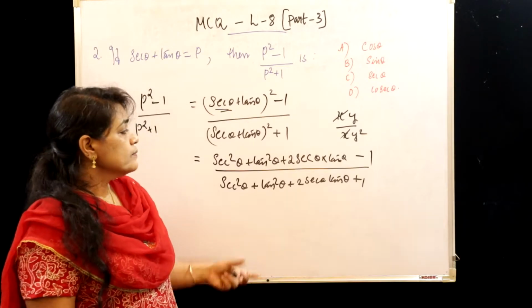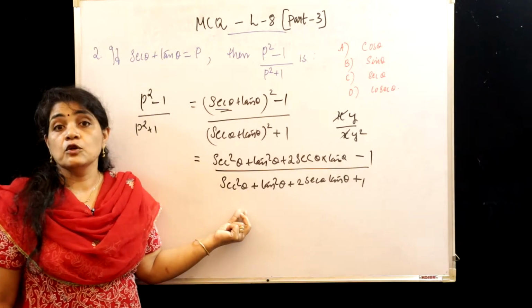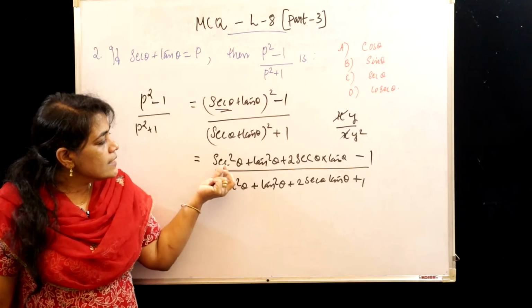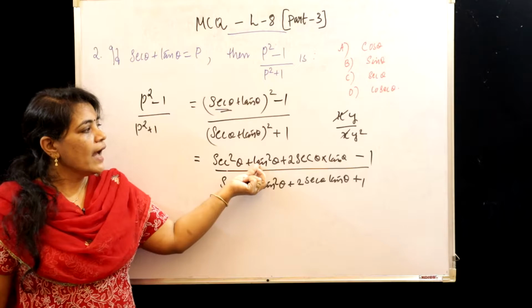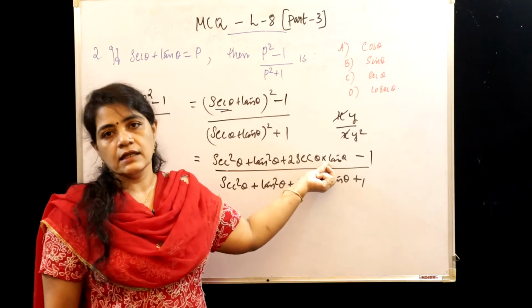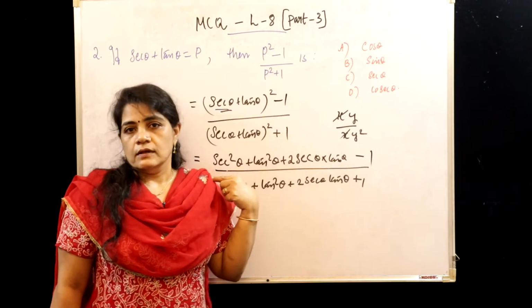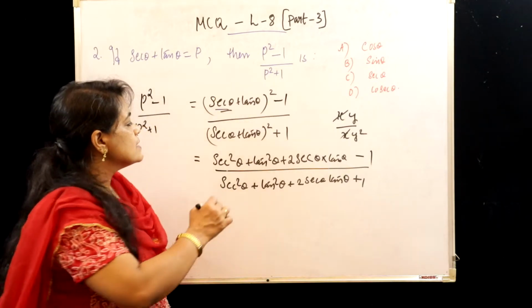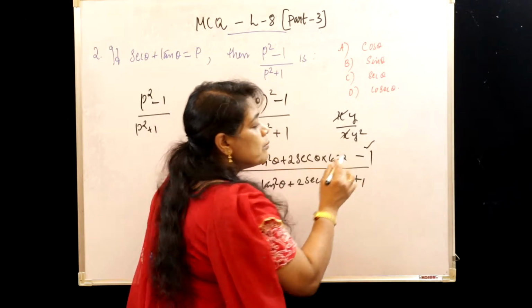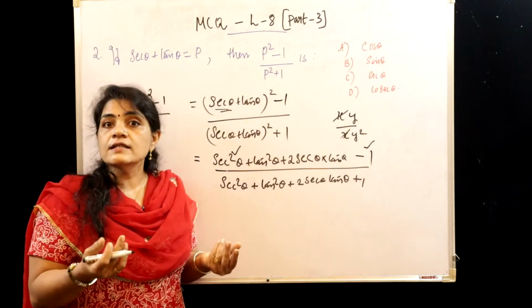Clear? Then how can we simplify this, the numerator and denominator separately? See children, sec square theta, tan square theta, and here 2 sec theta tan theta minus 1. These are the terms. Here children, I am going to group this sec square theta and minus 1 together. What is the second identity?